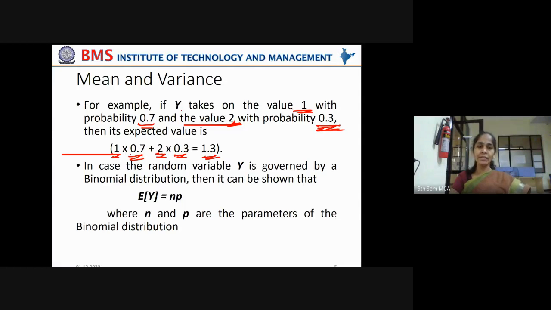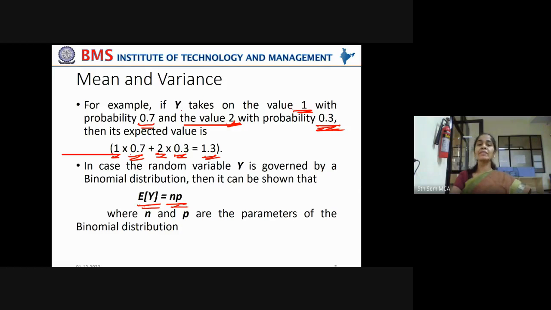Simple mathematics, right? Now, in case the random variable y is governed by a binomial distribution, then it can be shown that the expected value of y is n into p, where n is the number of data points and p is the probability of some event.